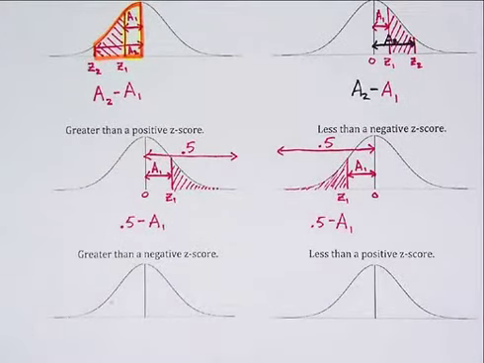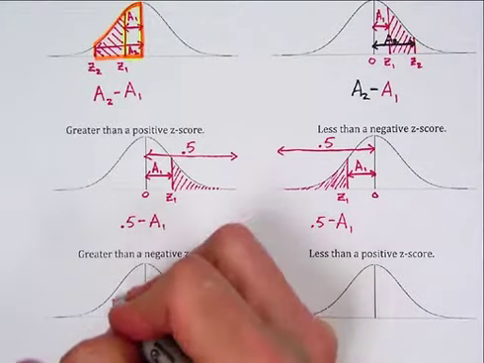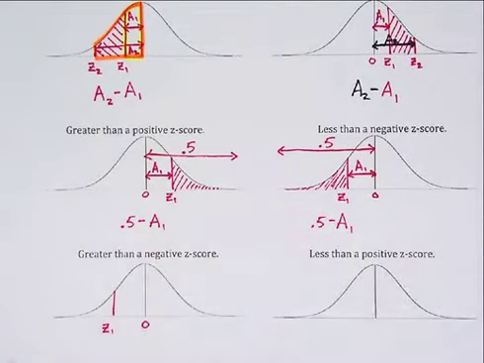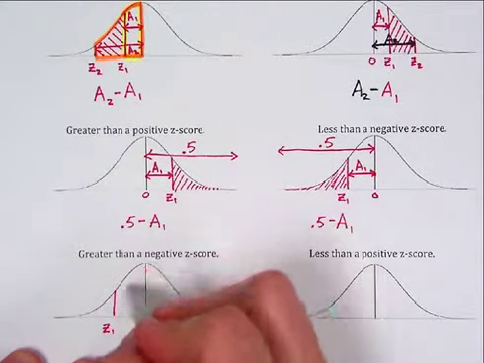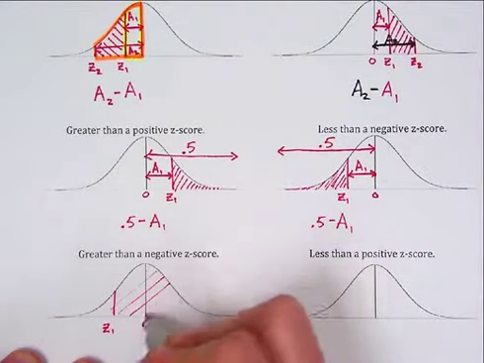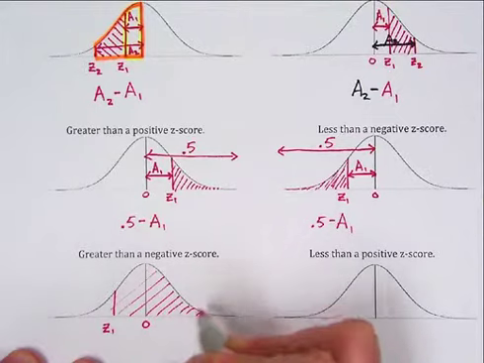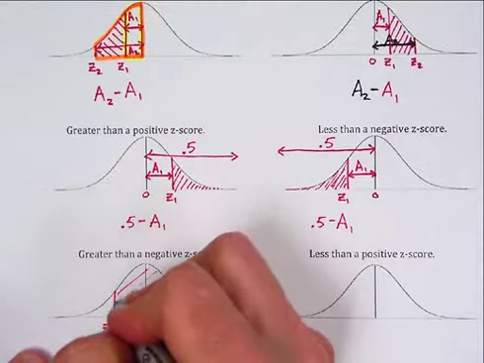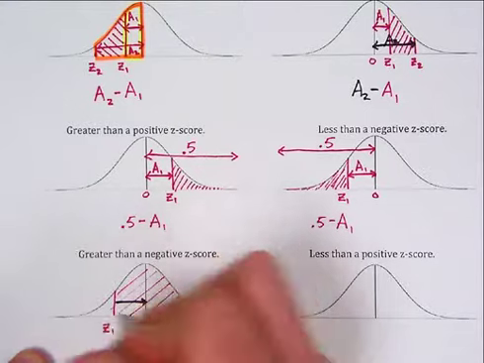Now the next example is greater than a negative z-score. So here's our negative z-score. Here's our mean. And if we want greater than, notice we're going to shade everything to the right. Now in this case, when we look up our z-score in our table, it's giving us this area from the mean to the z-score.